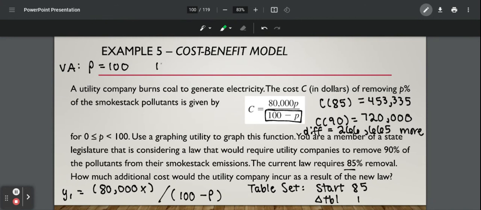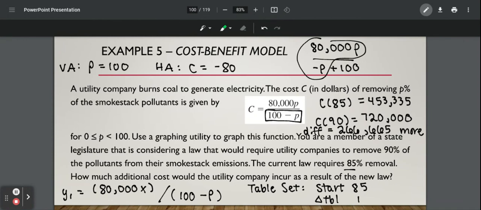Your horizontal asymptote would be, is there a cost where it just levels out? To do your horizontal asymptote, we actually need to put this in standard form. So our 80,000 P, and put that over our negative P plus 100. Now when you compare those terms, your horizontal asymptote is going to be that C equals negative 80,000.